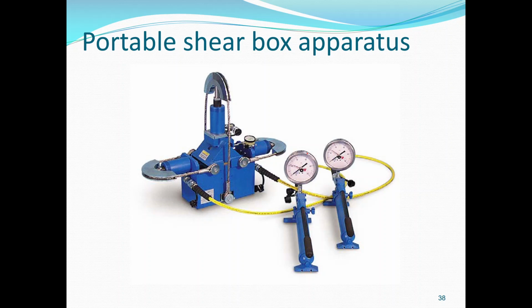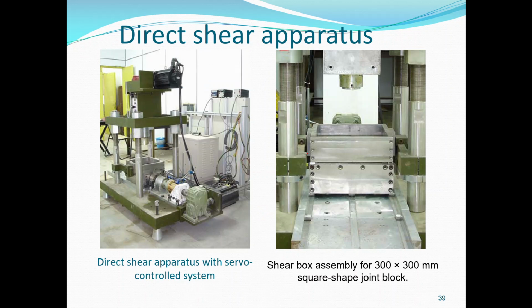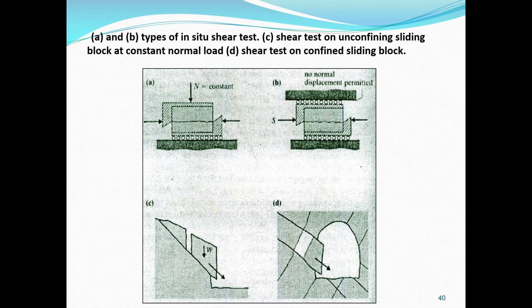So this is a portable apparatus that you can use, the shear test box. Also this equipment. So this is the look inside the equipment. We have this rock sample, and our plane is like this here, a joint like this.